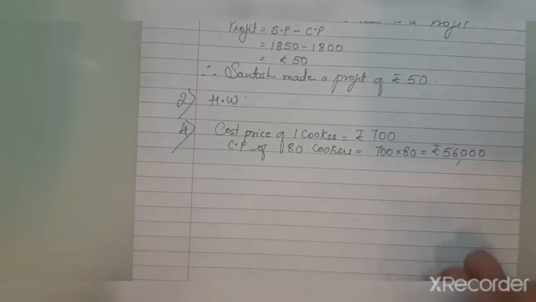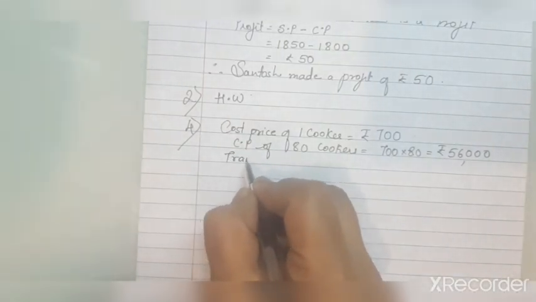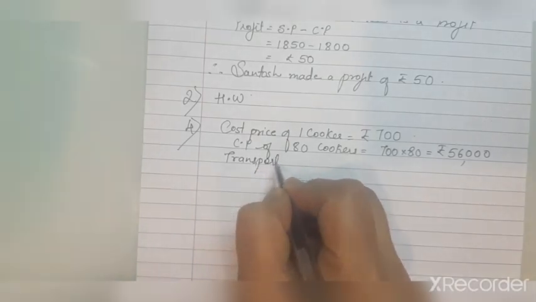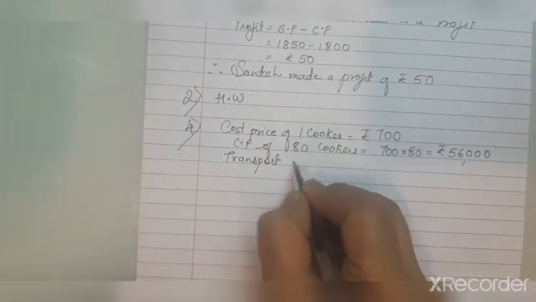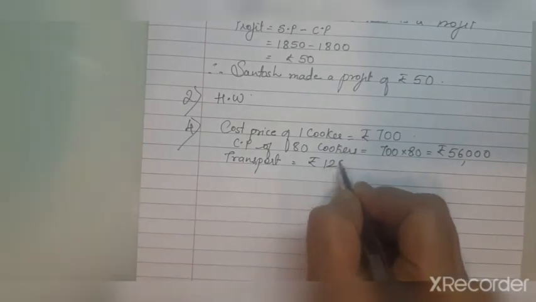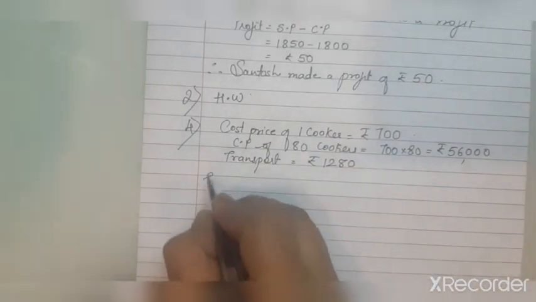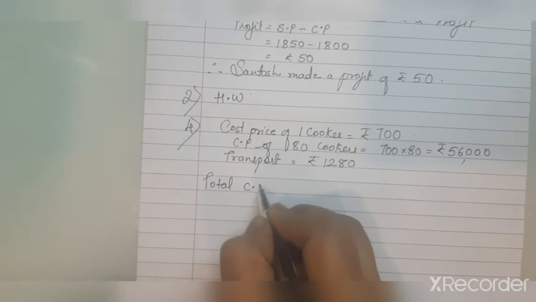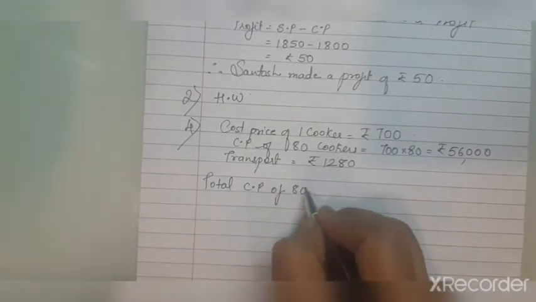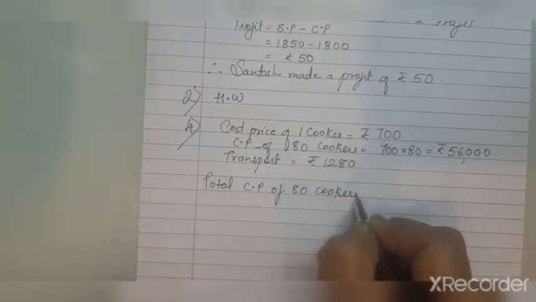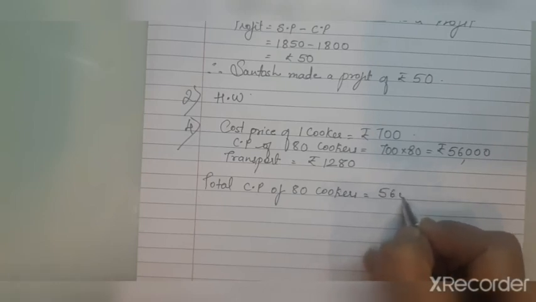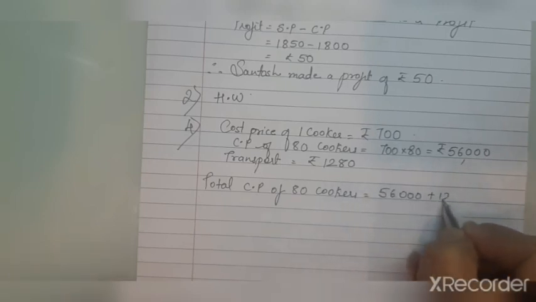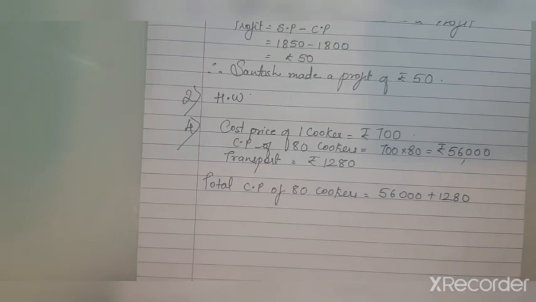Now, when Kusumtai bought those 80 cookers, she had to pay for the transport also. Okay, so the transport, what she had spent, is equal to rupees 1280. So now therefore the total cost price of 80 cookers is equal to the costing of cookers plus the transport.